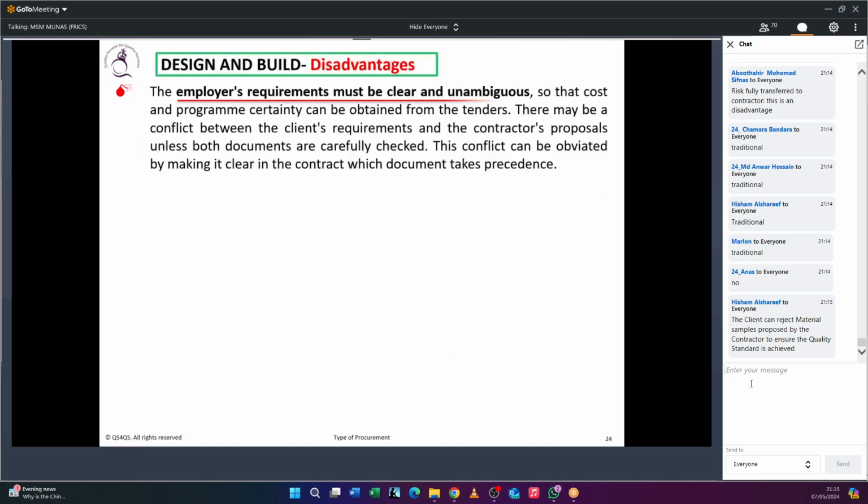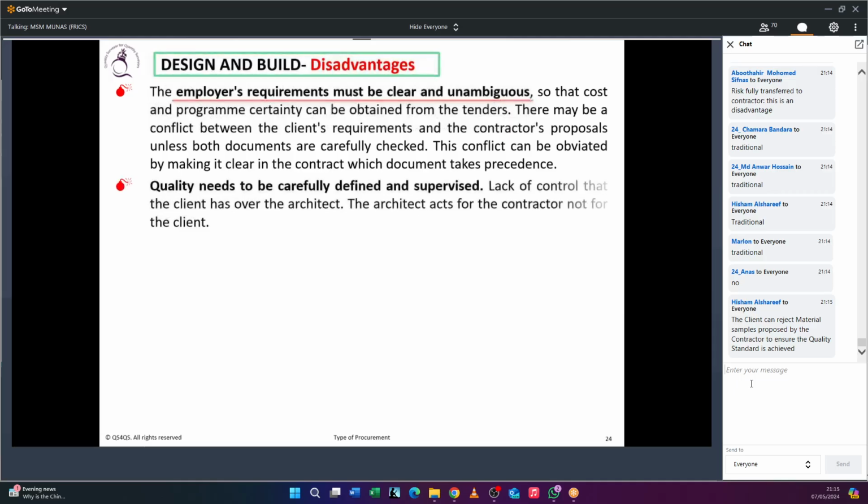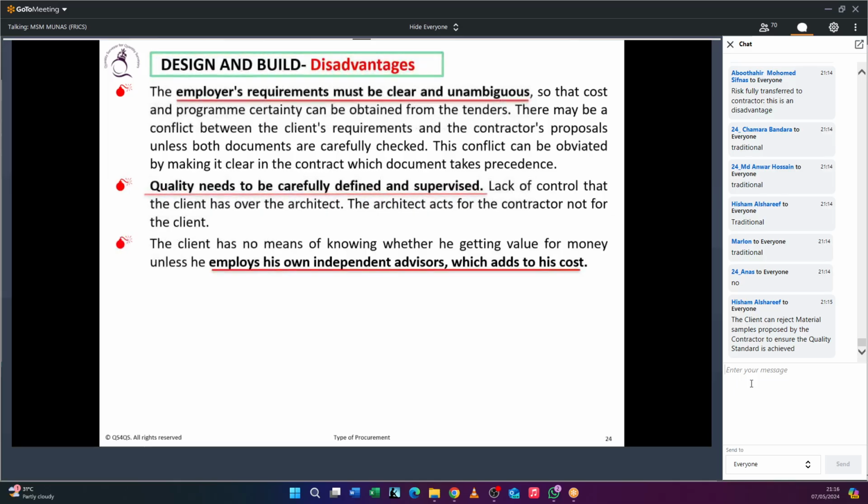So the disadvantages continue. Employer requirement must be very clear. If you have any ambiguities, then it's treated as a variation. Then it is going to impact the cost and time. Quality: if you want quality, you have to carefully tell what you are expecting. The client needs to appoint a supervision team, otherwise he doesn't know what is going on with the project. So again, that is adding a cost.